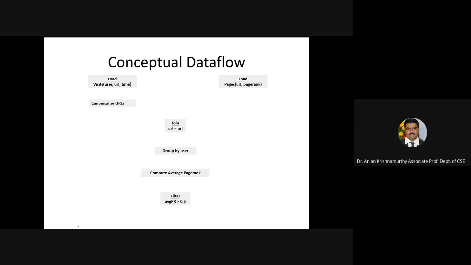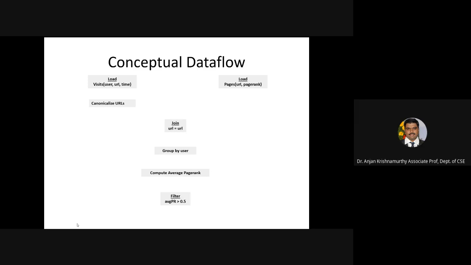So the conceptual data flow for this is something like this. The user visits, where the username, the URL, and the time are captured. The pages on the other side, with PageRank, are captured. Then they are canonicalized into different URLs. And then there is a join by URL which happens between the left-hand side and the right-hand side.